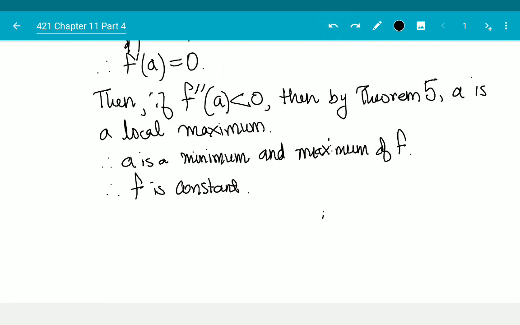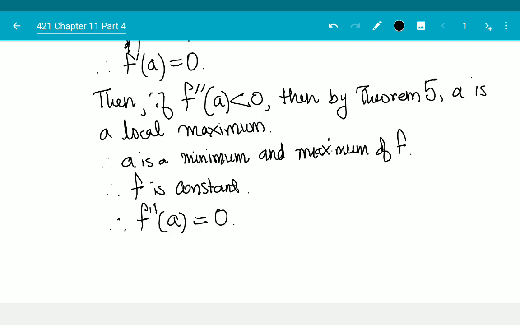Okay. Well, what is the contradiction if it's a constant? Well, if it is a constant, then its second derivative at a should be actually 0, right?